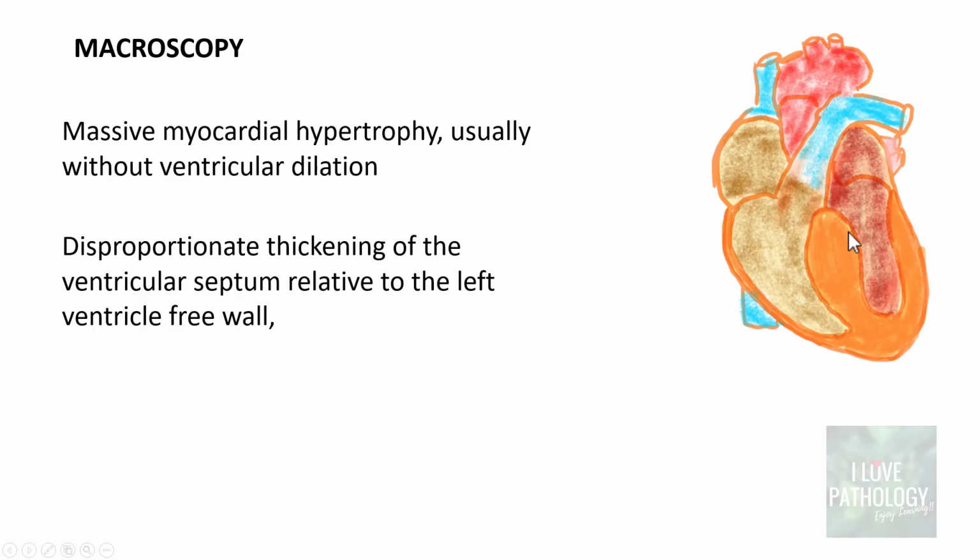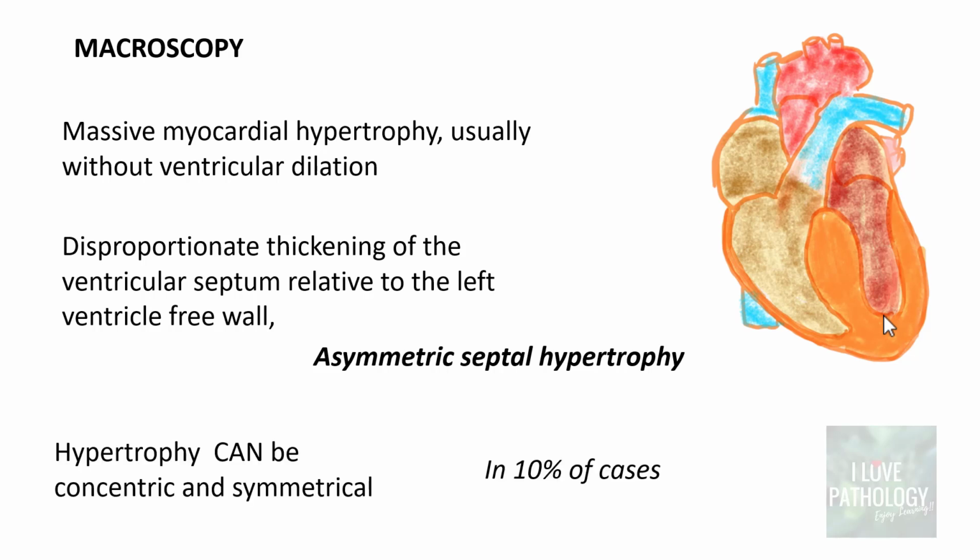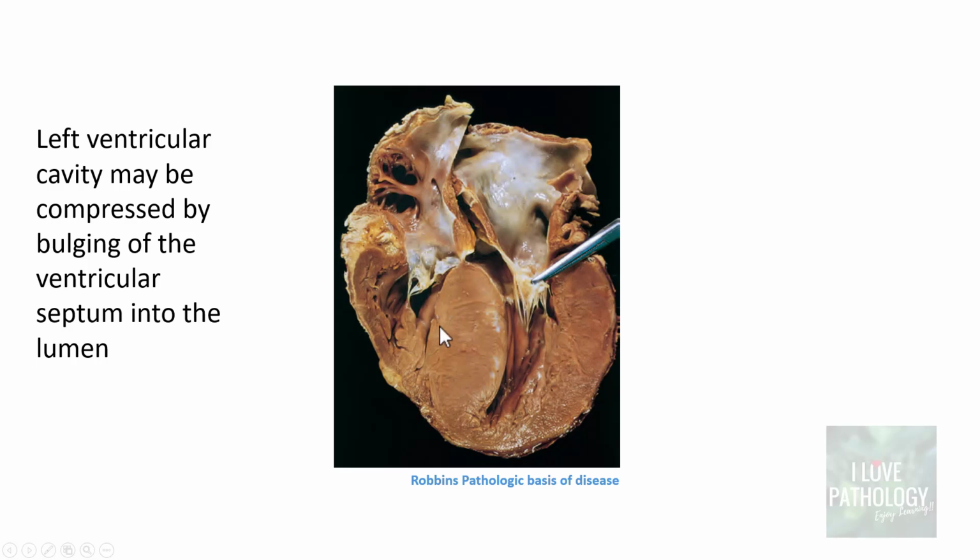You can make out that the septum itself is broader than the free wall of the left ventricle. So that is disproportionate thickening, which is also referred to as asymmetric septal hypertrophy. But in around 10% of cases, the hypertrophy can be concentric and symmetrical. Because of the hypertrophy of the interventricular septum, the cavity of the left ventricle may be compressed.